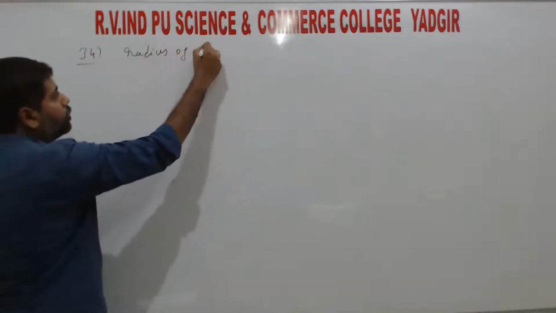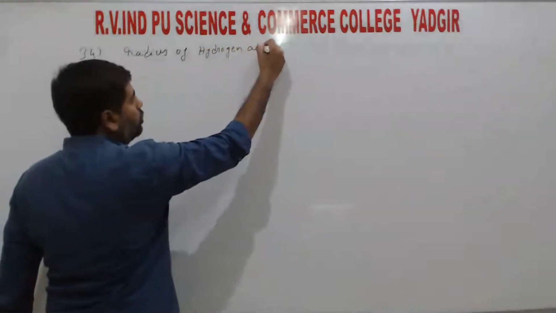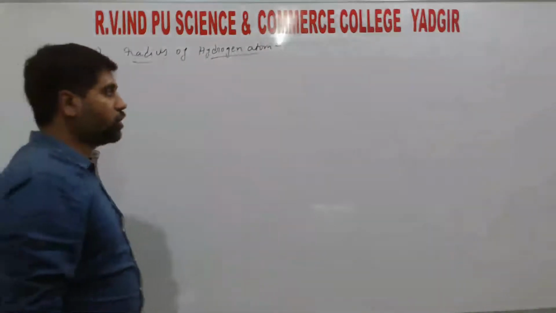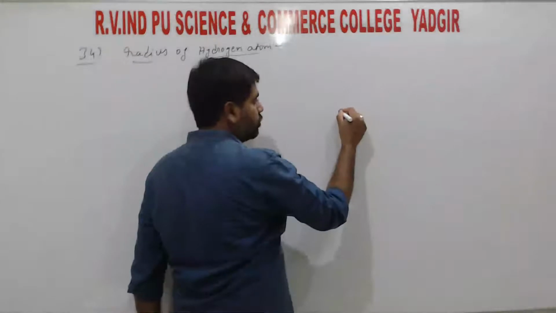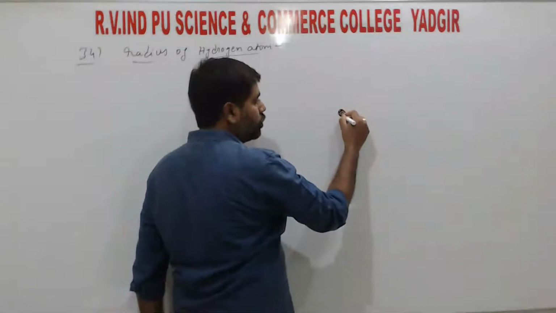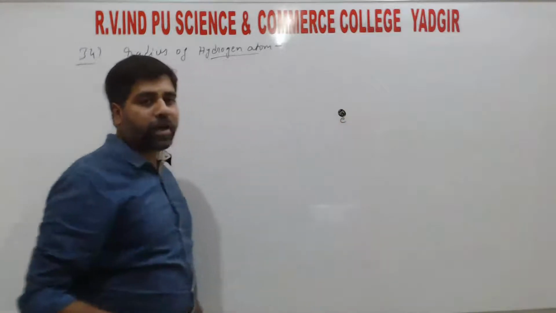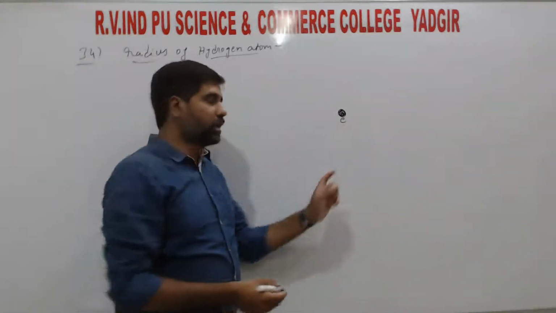Radius of the hydrogen atom, right? So the hydrogen atom consists of a nucleus, right? We consider its charge as Ze. Since it is a hydrogen atom, the value of Z is 1. So 1 into E, that is positive.